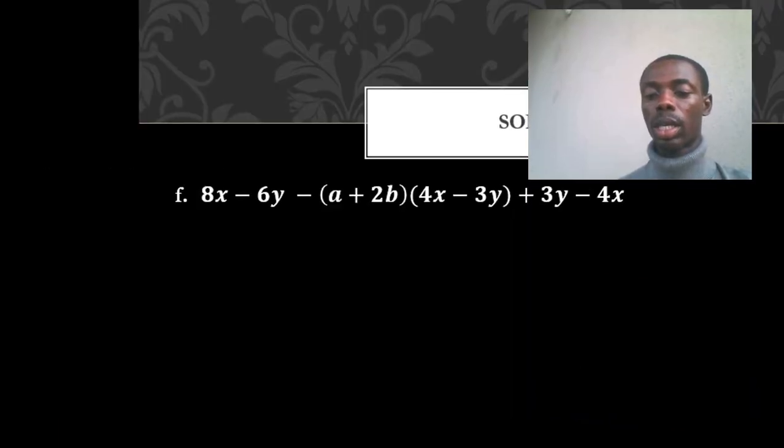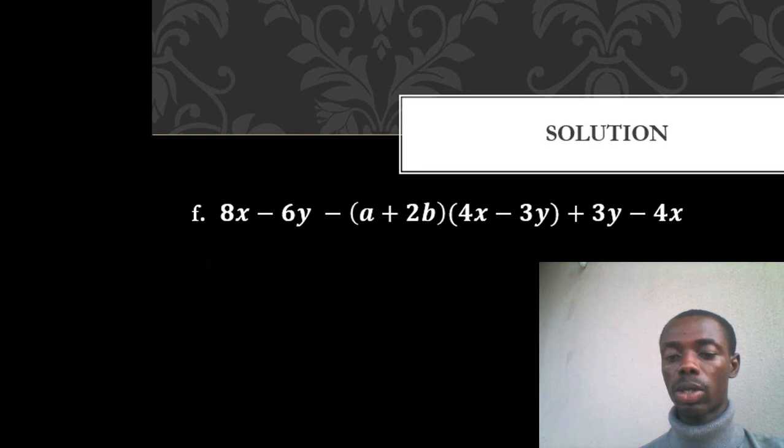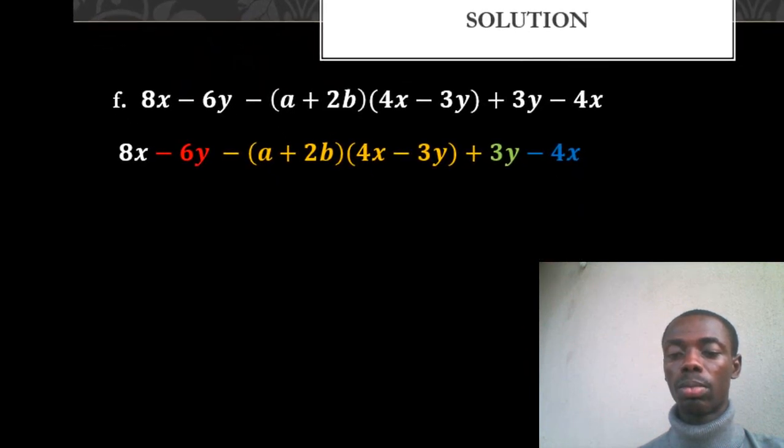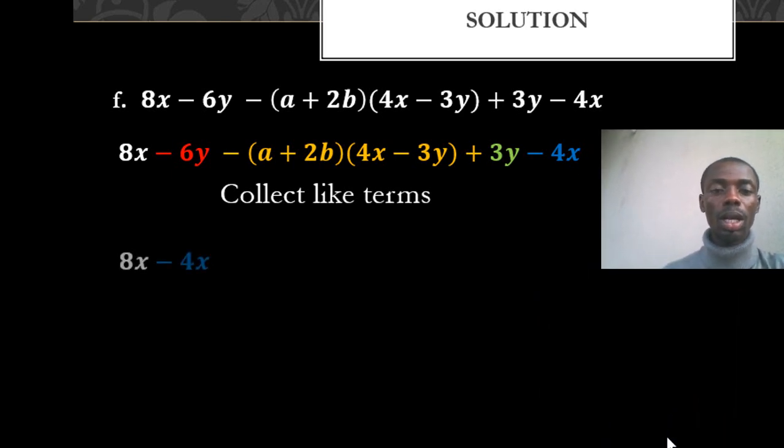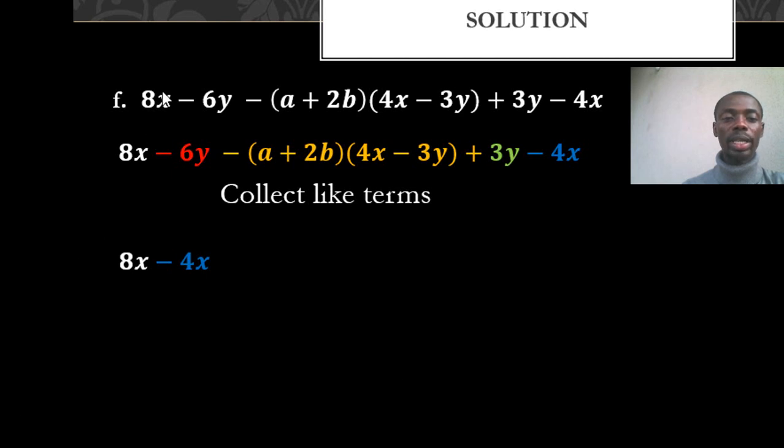Then minus a plus 2b in gold. So not to waste your time, I want to collect the like terms in this expression. I'm having an 8x here and a minus 4x here. I'm bringing them together because they are terms of x. Then I'm seeing y terms, this minus y, minus 6y and a plus 3y.